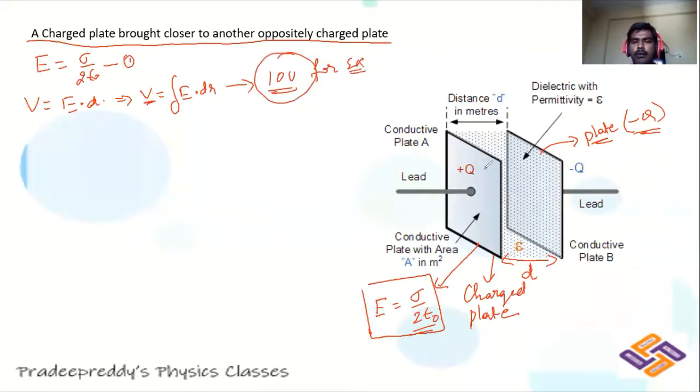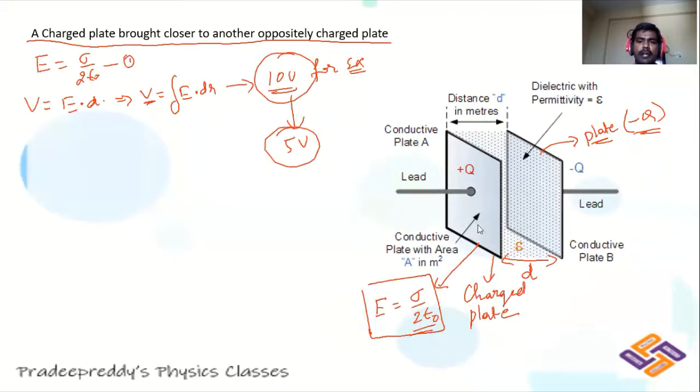Now, when you bring a negatively charged body, or even a neutral body, closer to this initial conductor, its potential decreases. Its potential may decrease to 5 volt, or to 0 volt, or to 8 volt. That depends upon the size of the other plate, as well as what charge it has on its surface, right?